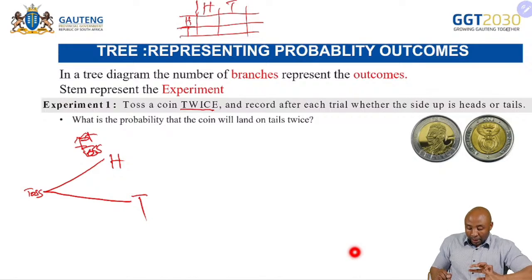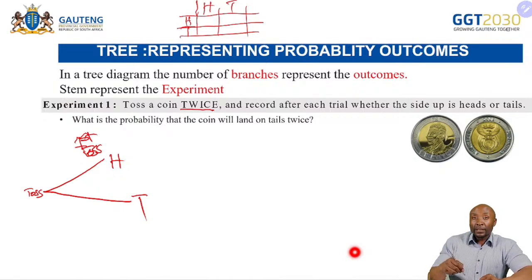So from each stem, we should have 2 outcomes. We can't have more than 4 because that's the mistake that we have, because normally we want to get to the answer faster than the process allows. So that's the first toss.